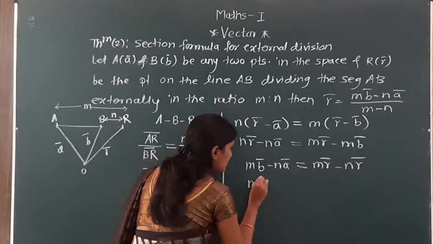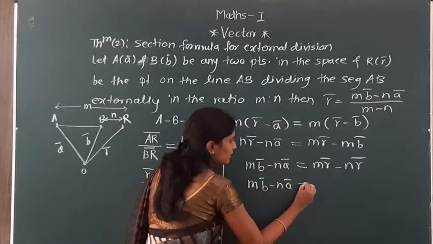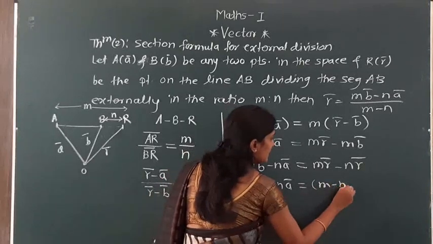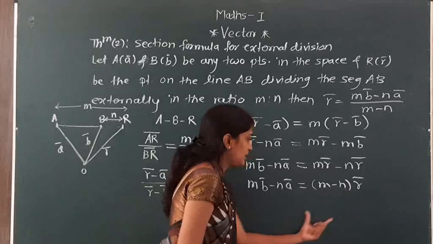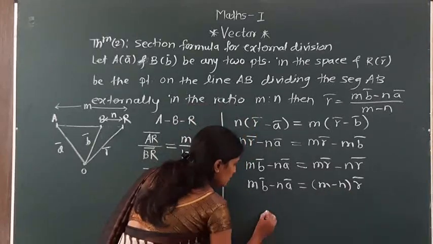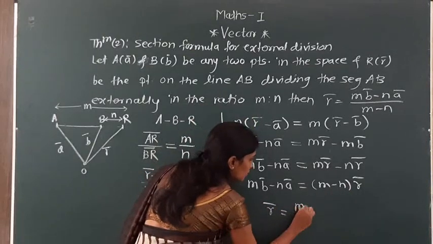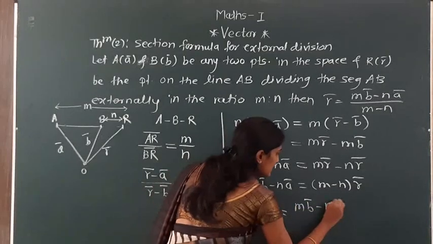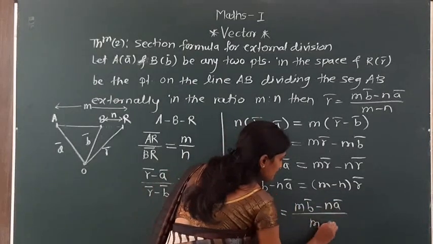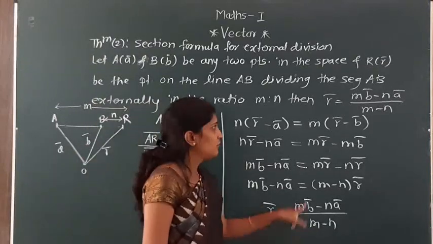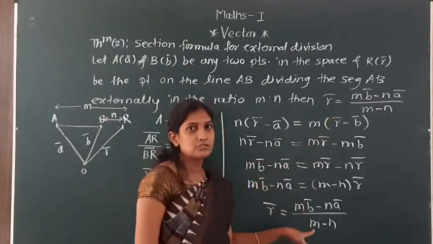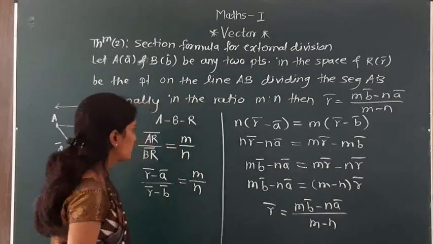So m B bar minus n A bar is equal to (m minus n) R bar. This bracket is multiplied to R bar, so it will be divided on this side. So R bar is equal to (m B bar minus n A bar) divided by (m minus n). This is the section formula for external division.